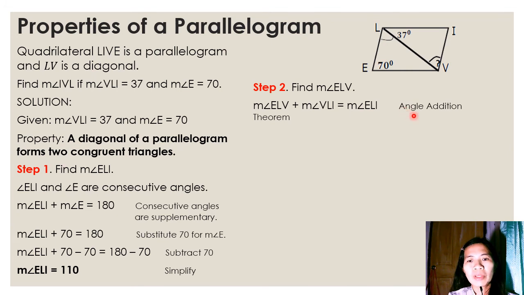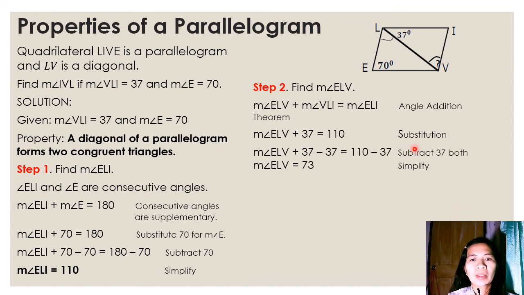What did we use? The angle addition theorem, so we add the two angles. Measure of angle ELV plus 37 equals 110, since the measure of the entire angle is 110. So we use substitution, then simplify.